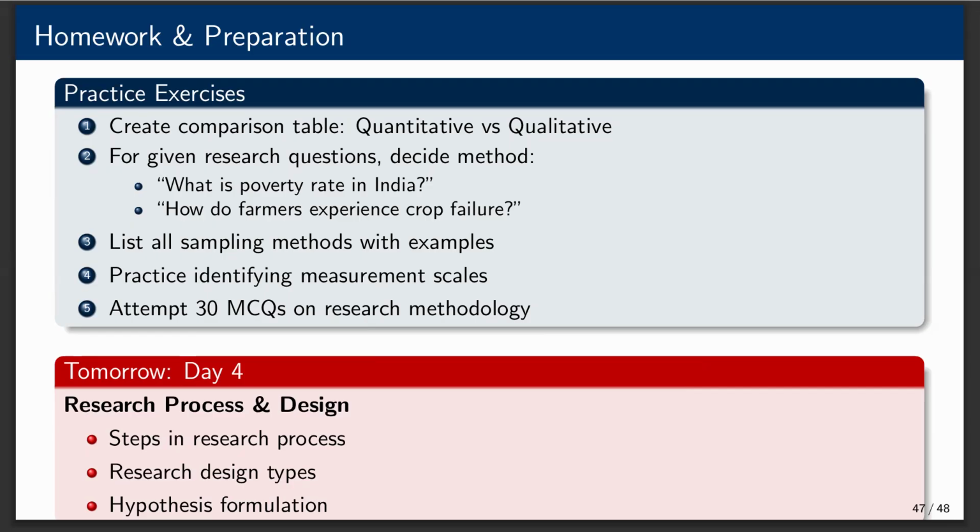Tomorrow we will be discussing the research process and design: steps in the research process, research design types and hypothesis formulation. First of all, again I am telling you, we are reviewing research aptitude, which is a very rigorous unit. So sometimes you have to practice and read also to answer the questions which are coming frequently.